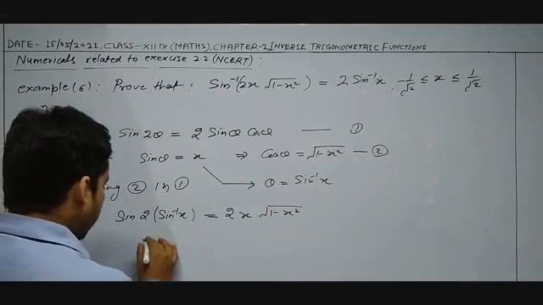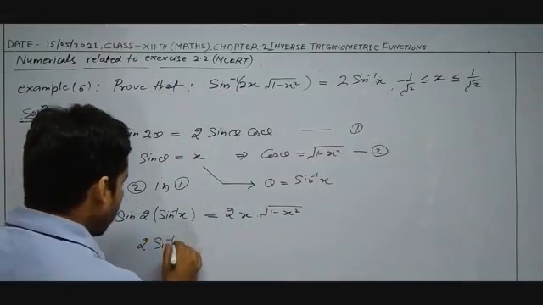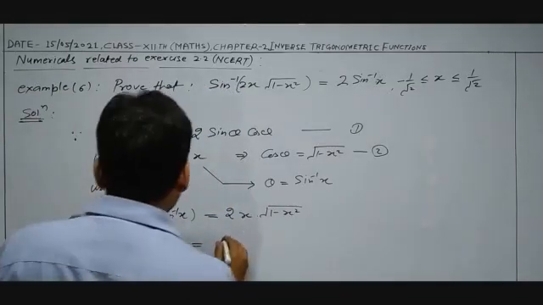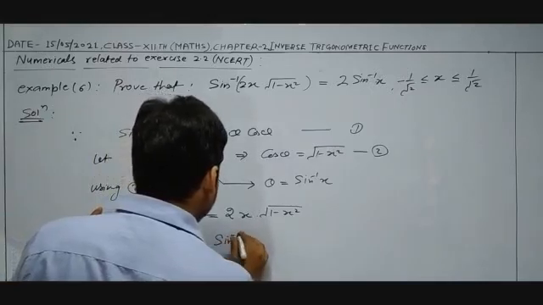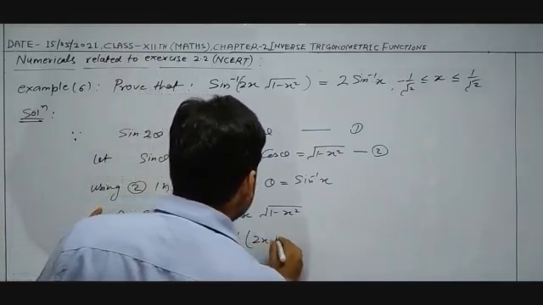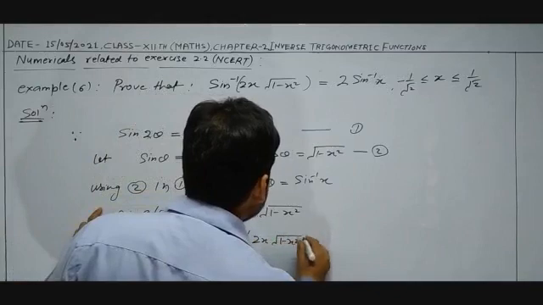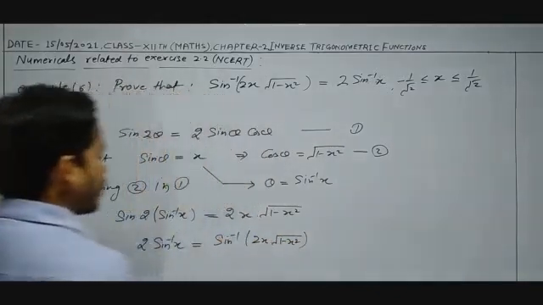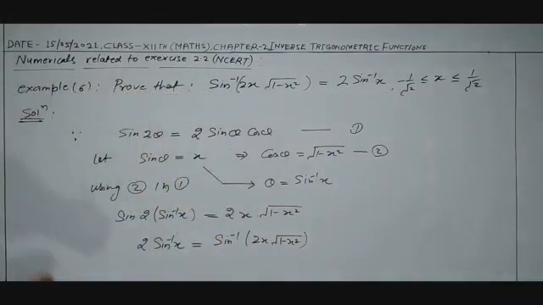So 2 sin inverse x is equal to sin inverse of 2x root over 1 minus x square. So this is the value or my proof. Hence proved.